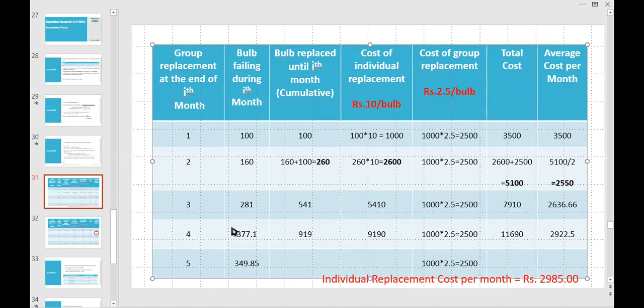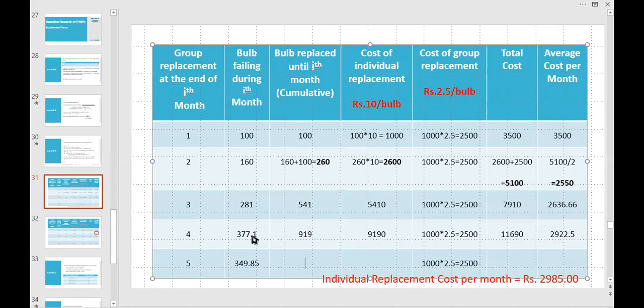See, in this case, everyone must make sure that if it is 377.1, or 377 point whatever value, it should not be taken as the mathematical round-off value, where if it is 0.5 above then we give the next number, and if it is 0.5 below then we give the lesser value. It is not such here.